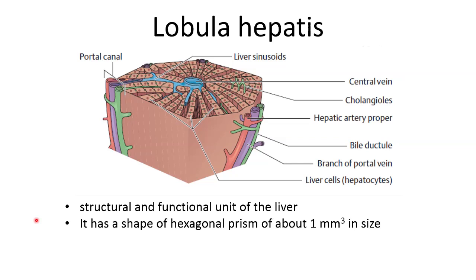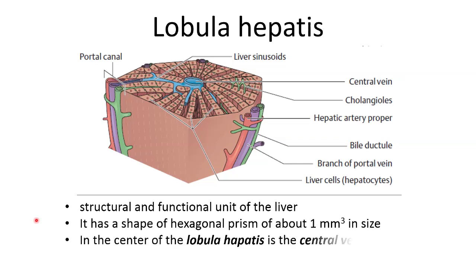So you can imagine that it's a very small particle of the organ. But in this small particle, practically all functions of the organ can be found. They are realized in this unit.